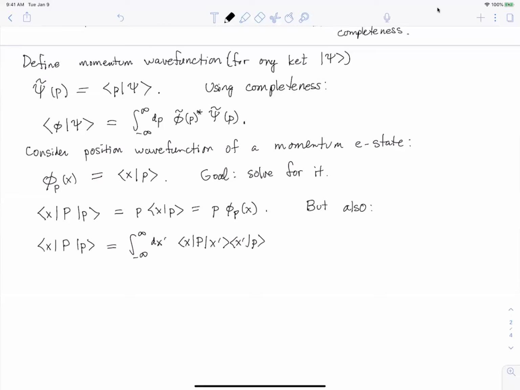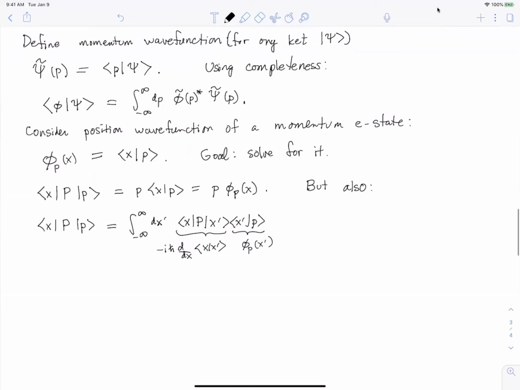Then this factor right here, that's phi p of x prime by definition. And this matrix element is equal to minus i h bar d by dx of the inner product of x and x prime. That's using the definition of what the p operator does. And then we remember that x with x prime is delta of x minus x prime.